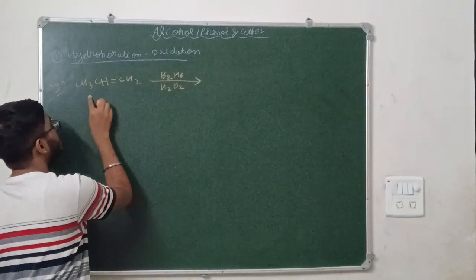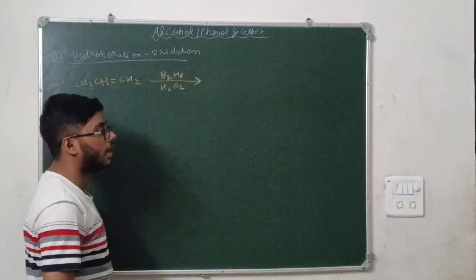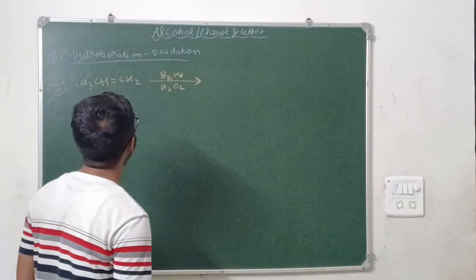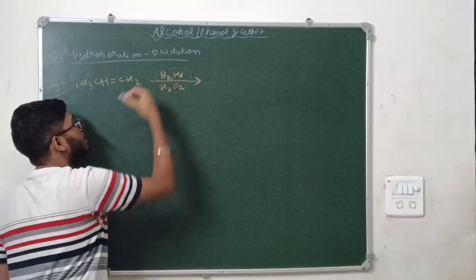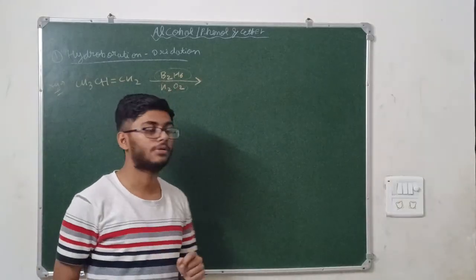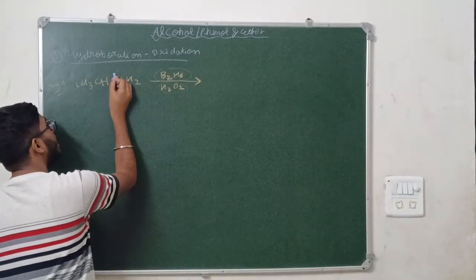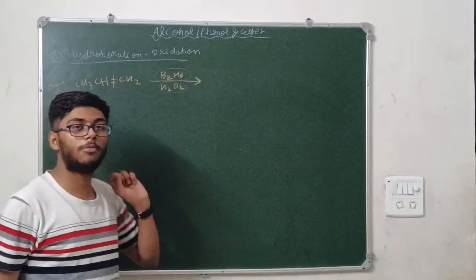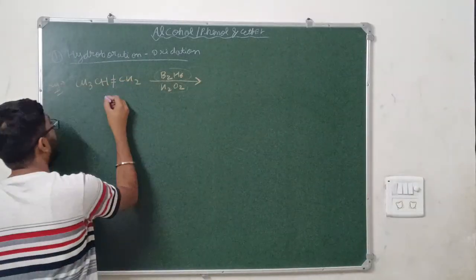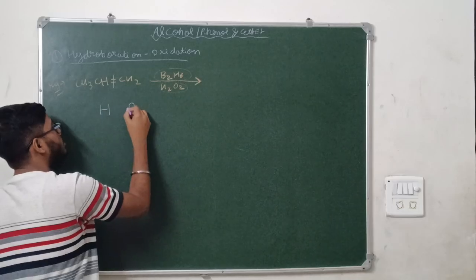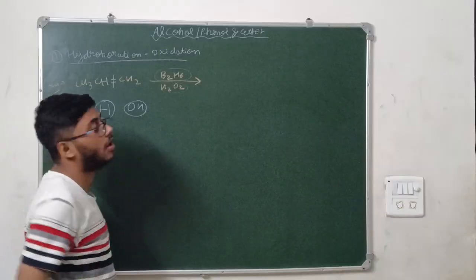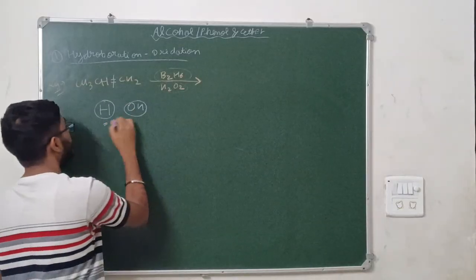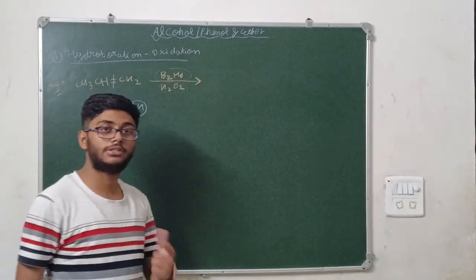I will tell you a shortcut trick for hydroboration oxidation. Here see, H2O2 and B2H6. B2H6 is a reducing agent. So this will reduce this alkene, and this double bond will break, and H and OH will be substituted on the respective sides. Now, on which side will H and on which side will OH be substituted? That is the main question.